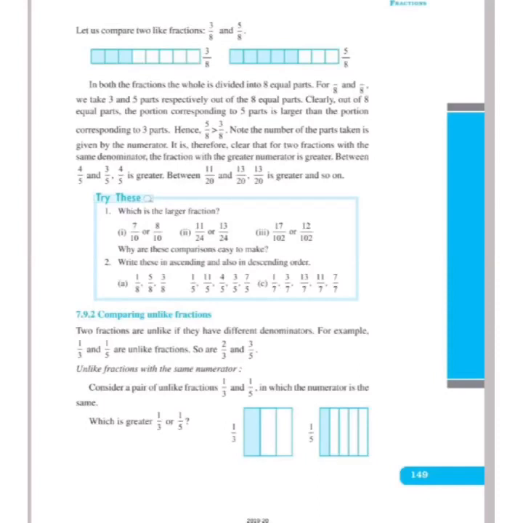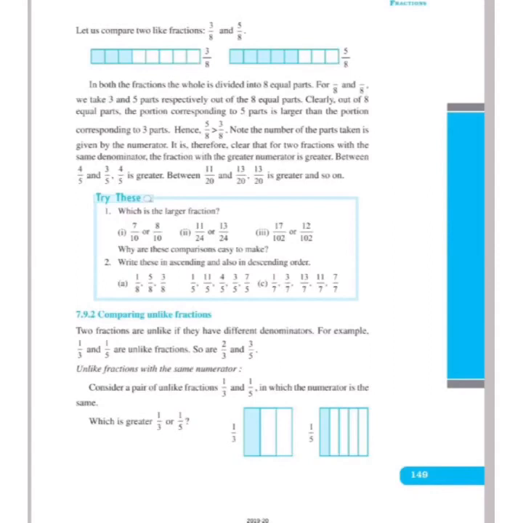One square is divided into 3 equal parts and one is divided into 5 equal parts. And in both the squares, one part is shaded. But you can see that both the denominators are different.